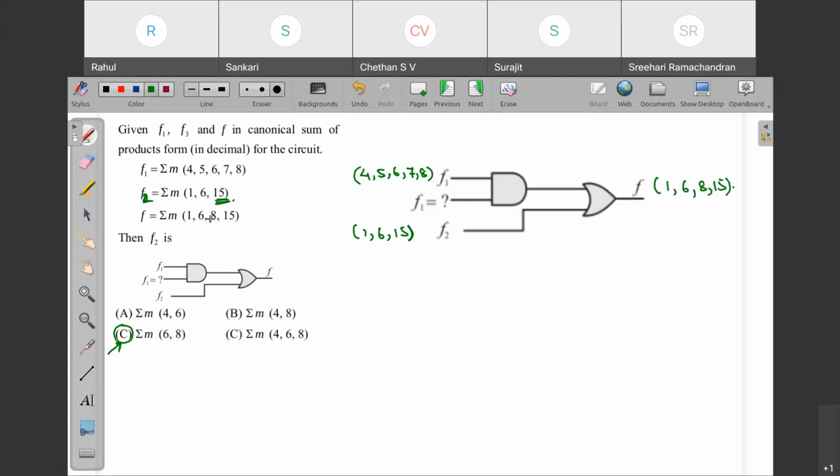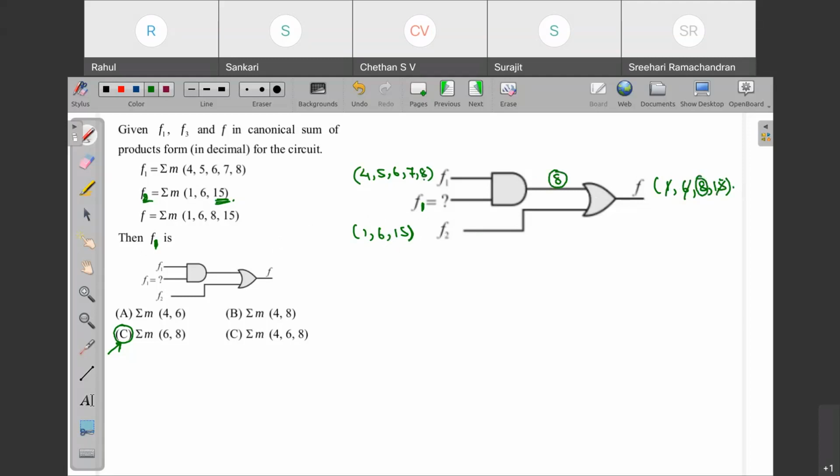So they are asking what is F2. Means they might be asking what is F1. There are some typos over here. So look over here, 1, 6, 15 is coming from F2. So here you need 8. So 8 must be coming from the output of the AND gate.